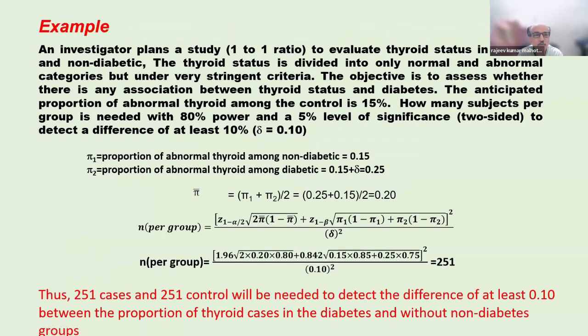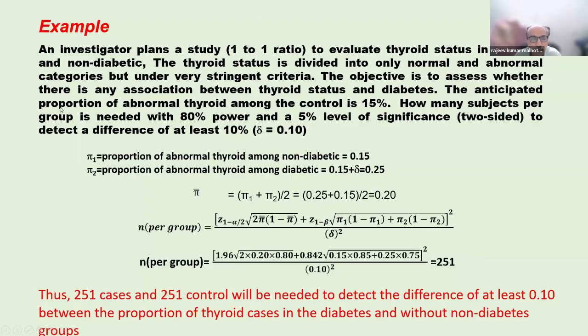And this is an example for the two sample proportion. The investigator plans a study with a 1:1 ratio to evaluate the thyroid status of diabetic and non-diabetic subjects. The thyroid status is divided into only normal and abnormal categories, under very stringent criteria. The objective is to assess whether there is an association between thyroid status and diabetes.